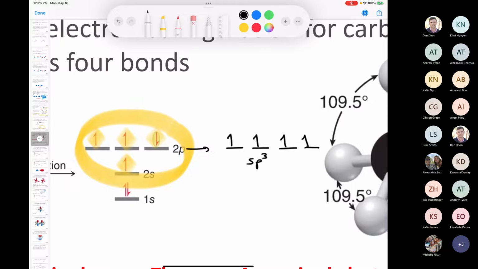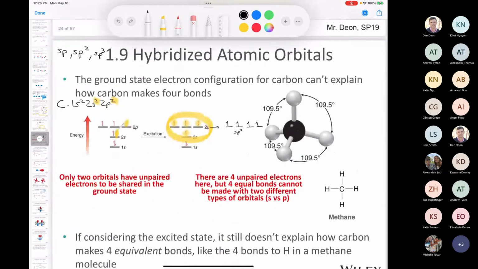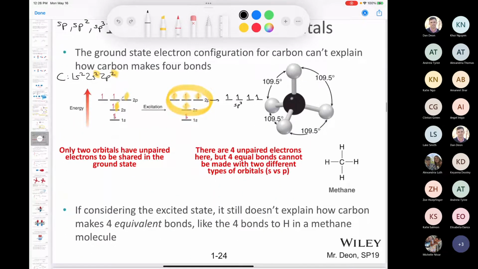Why is it called an sp3? Because it's made from 1 s and 3 p's, hence sp3. And now we have a carbon atom with 4 unpaired electrons in degenerate orbitals, meaning they're all of equal energy. And that is why we can draw the Lewis structure of carbon as such, where it has 4 unpaired electrons surrounding it.